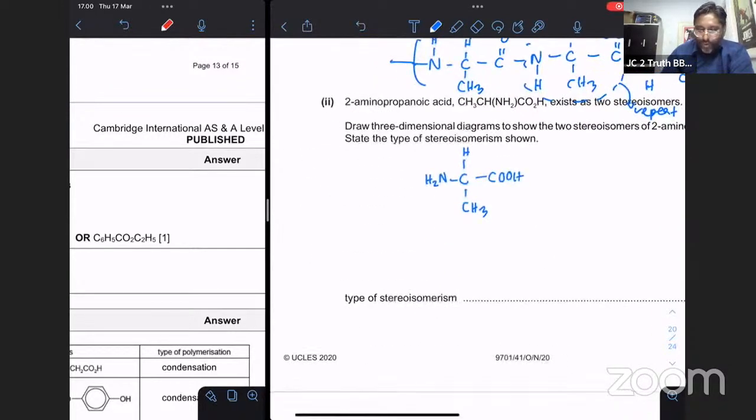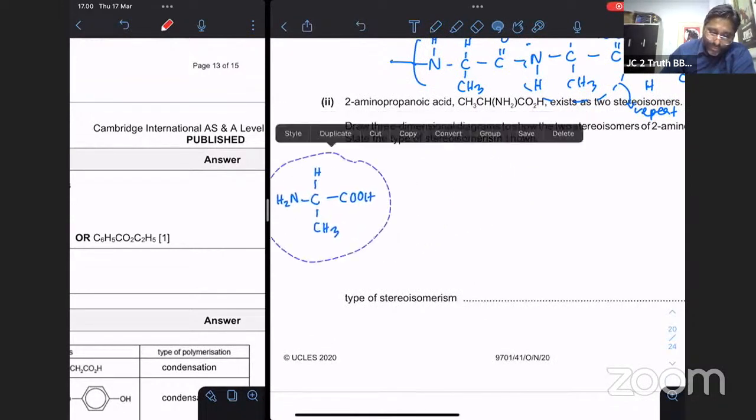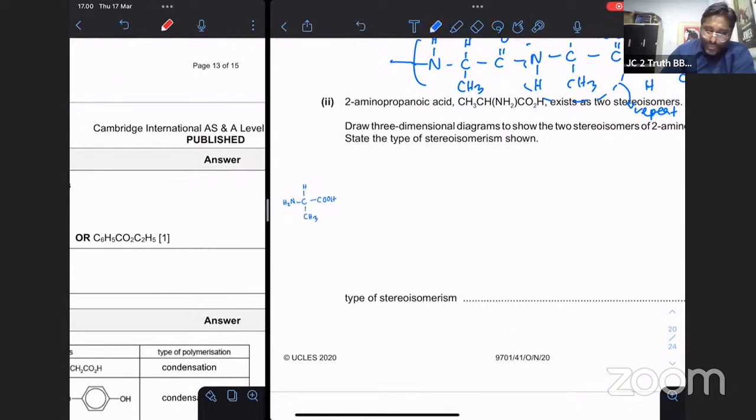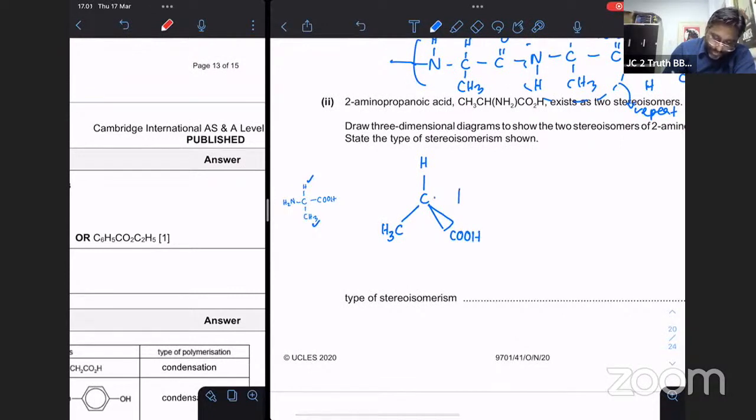So when you have 4 different groups and you want to show the stereoisomer, of course, we are talking about optical isomerism, but you need to be very careful when you show them. Carbon, you put the hydrogen over here. Let's say this one you put the CH3 over there. This one you show like this. Maybe I show COOH, and then here you can show something like this going behind. That is going to be an NH2.